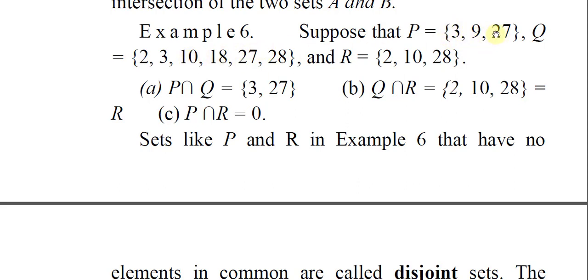They have two elements in common. And Q intersection R is 2, 10, and 28, correct? Because both of them have these elements. And P intersection R is, there is nothing because we don't have the same elements here. That's why this is the empty set.